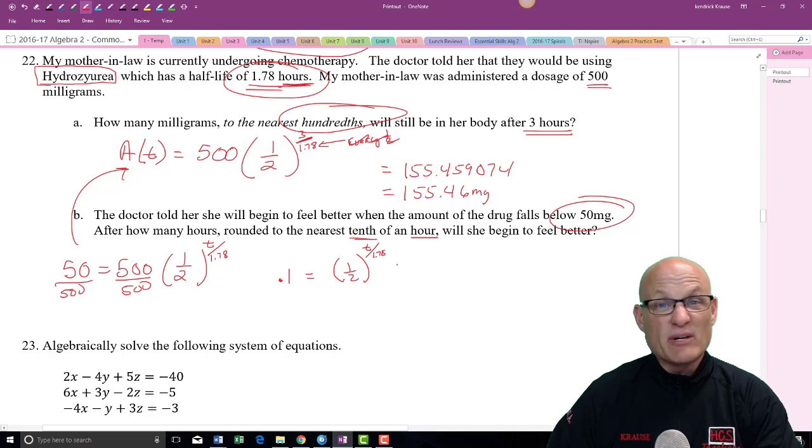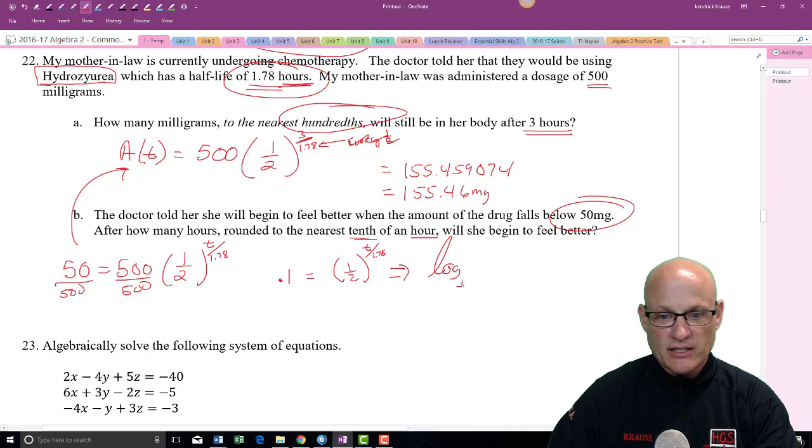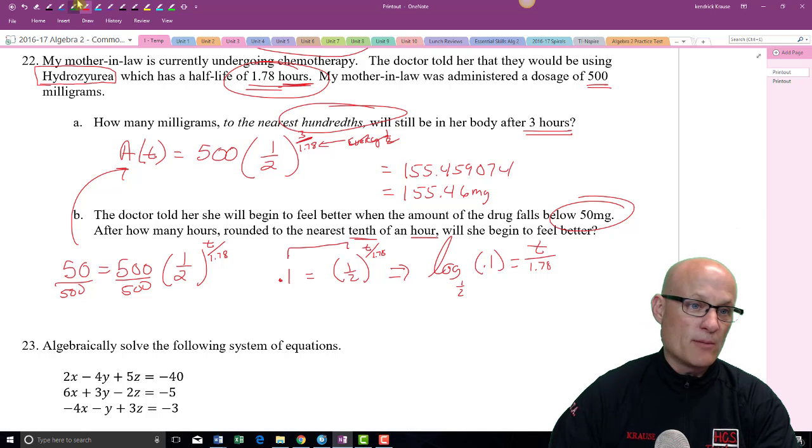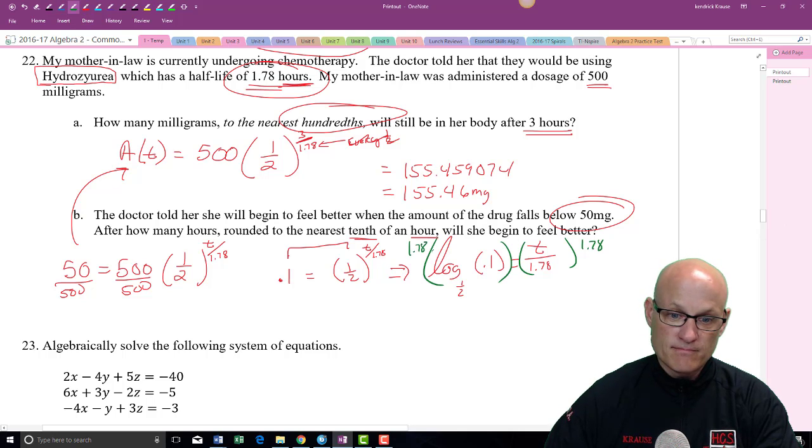All right, now because it's an exponential, I have to solve it using log. So log, it's all about that base, 1/2. And now these two things switch, of 0.1 is equal to t over 1.78. Now in order to get rid of that 1.78, all we're going to do is multiply this side by 1.78, and I'm going to multiply this side by 1.78.